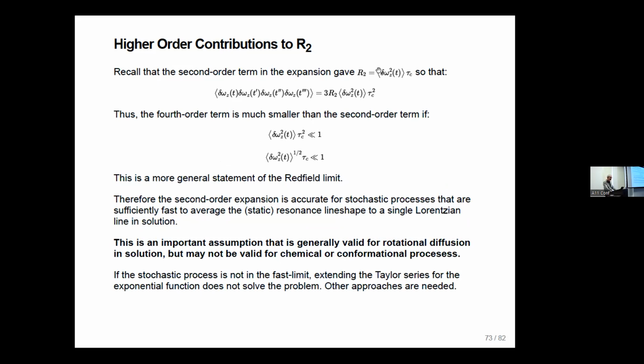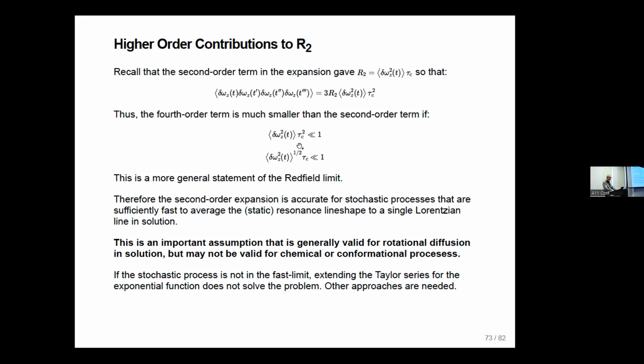And then I know the second order result. And I can see by comparison that the fourth order result is much smaller than the second order result if the variance is much smaller than the square of the autocorrelation function.